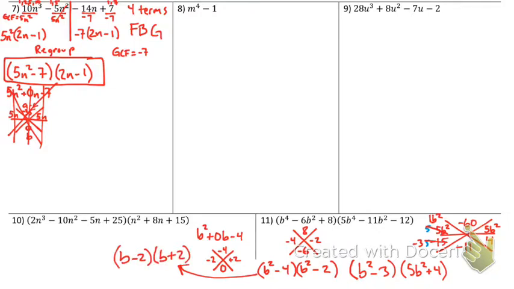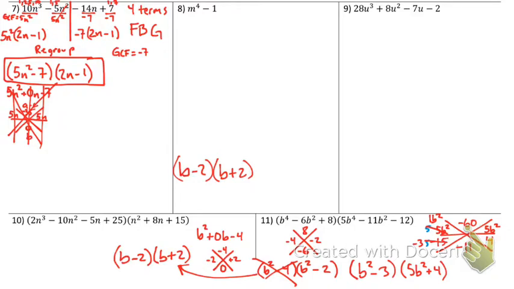Okay? So what does my final answer for number 11 look like? I'm going to write it here. Okay? So b squared minus 4 turned into this. So let's write it as b minus 2, b plus 2. Okay? So that's what happened in this guy. The rest of the guys, they're factored completely.